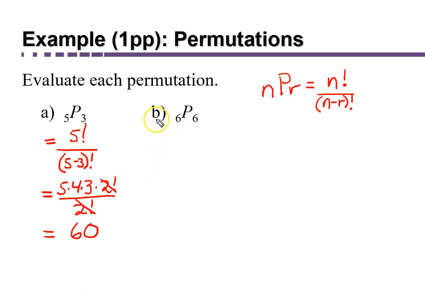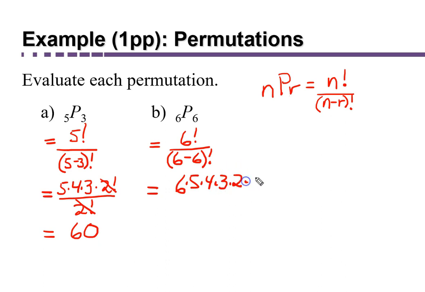Now, for letter B, this is going to be 6 factorial divided by 6 minus 6 factorial. So we have 6 times 5 times 4 times 3 times 2 times 1.